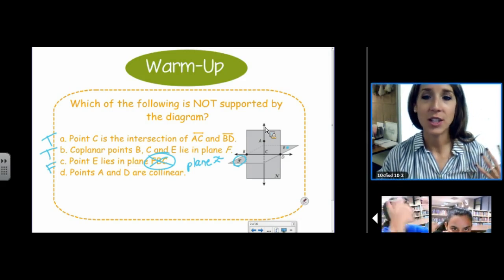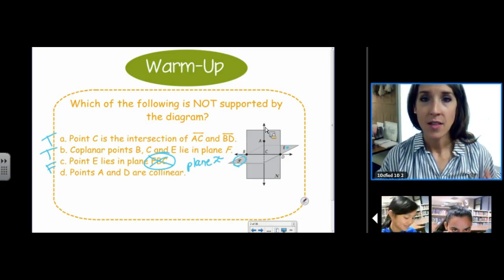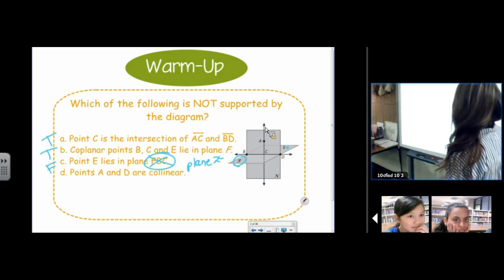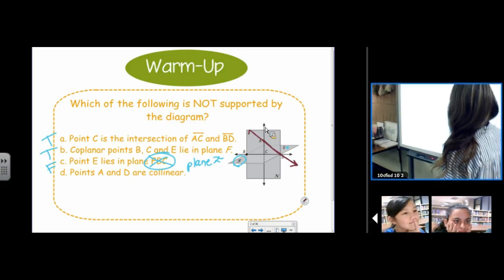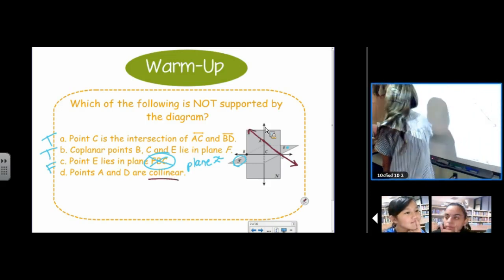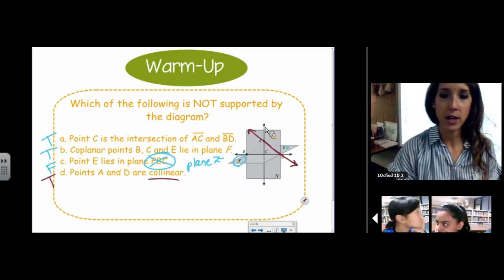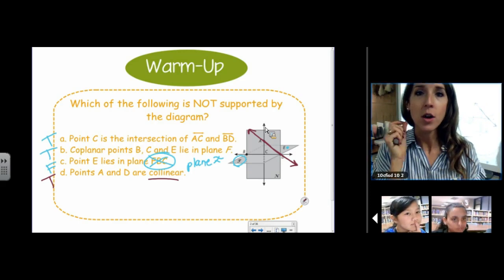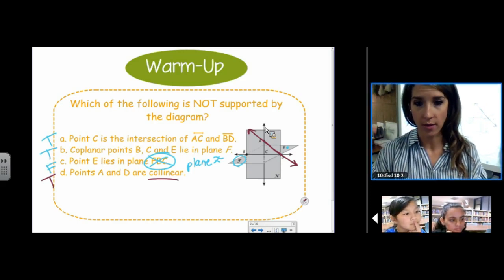Just because the line isn't drawn doesn't mean it doesn't exist. That line does exist whether or not it's drawn. And so A and D are collinear whether or not the line is drawn. The diagram does support it because it has point A, it has point D, and we could put a line through it. Collinear means I could draw a line through it.